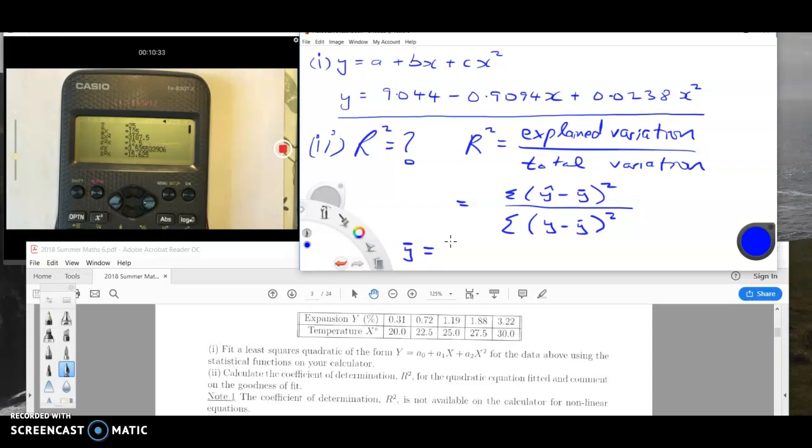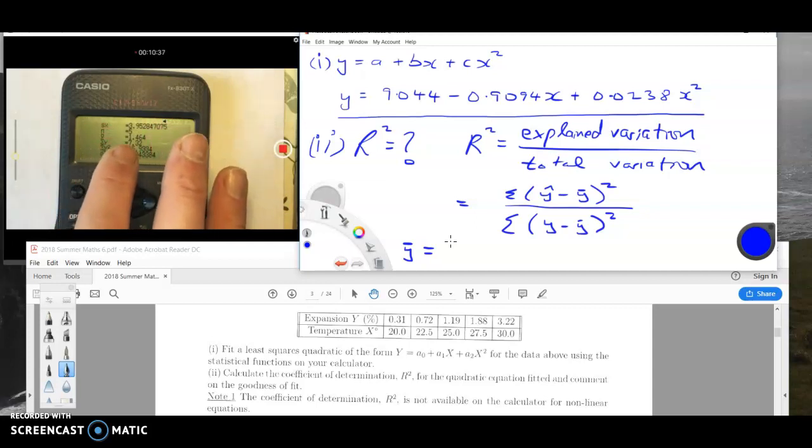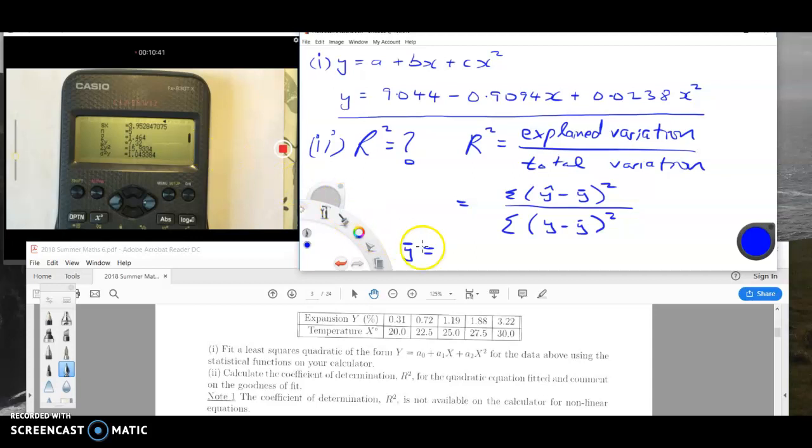The average x value is 25, for example. Scroll down there and you can see y bar equals 1.464. So we'll write that in our solution. Y bar equals 1.464.